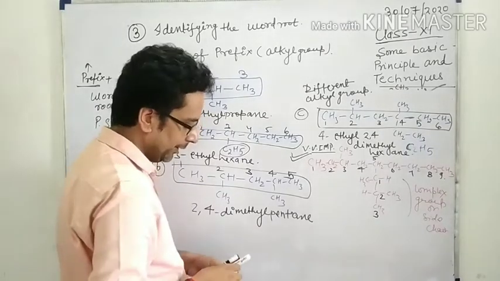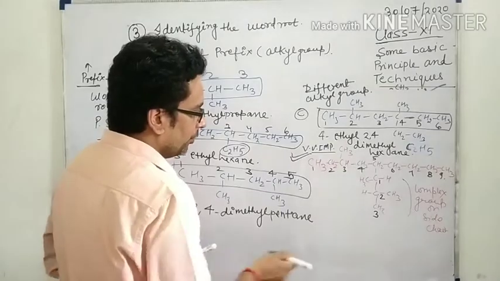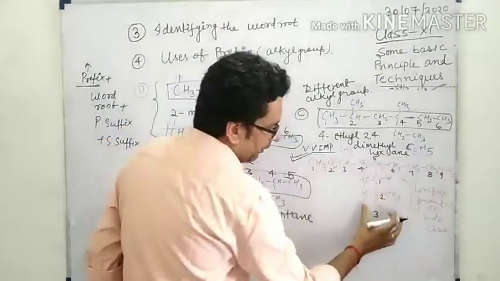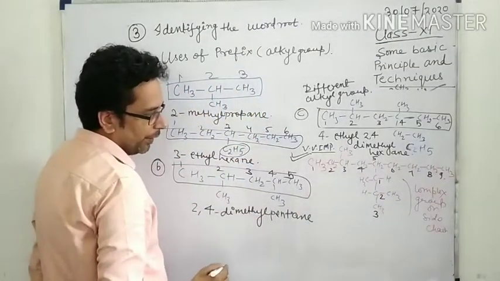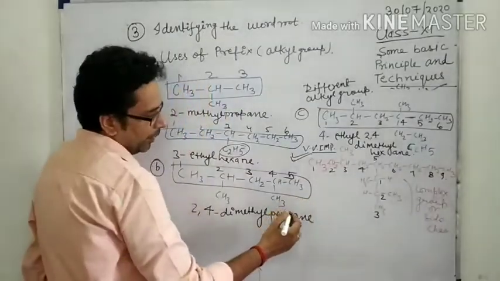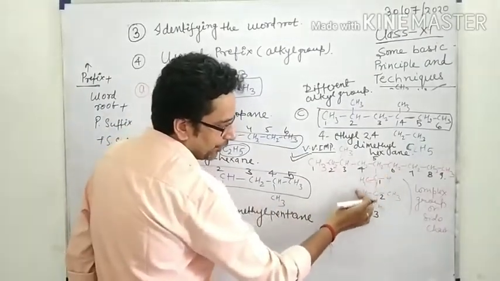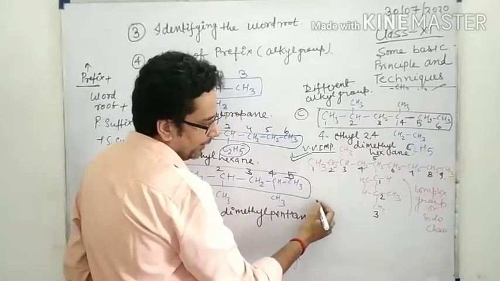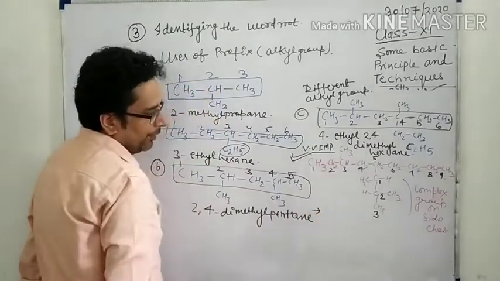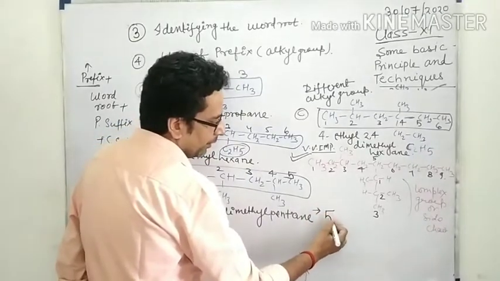Okay, how to write the name of this compound? Now this group is attached with the fifth carbon. So look here, first you write the name of this complex group. So what is the name? Look here, the name starts with 5.